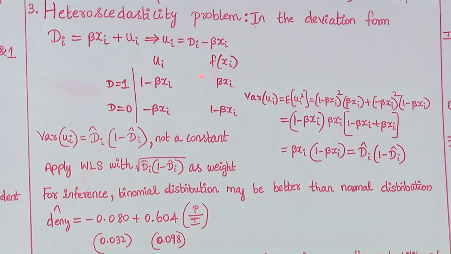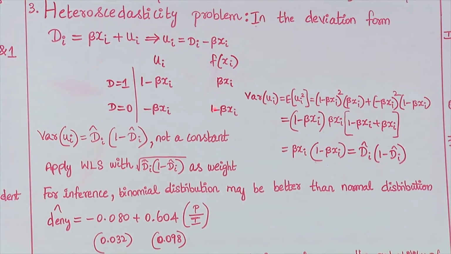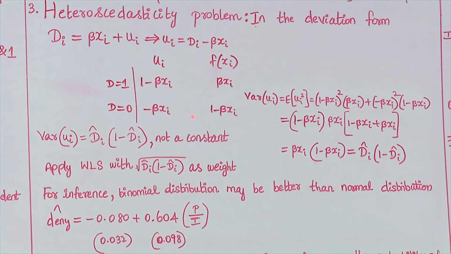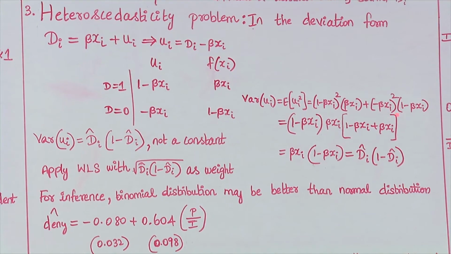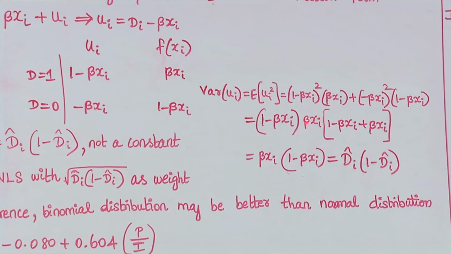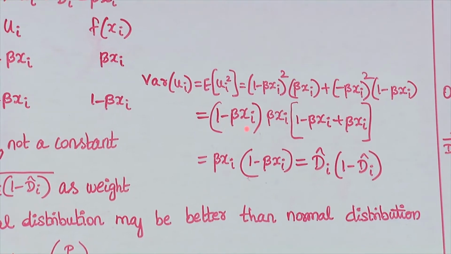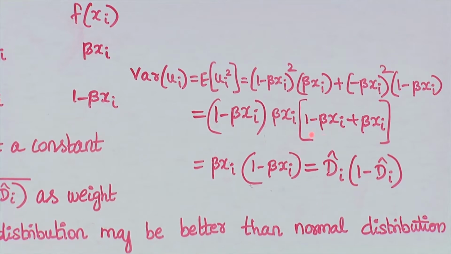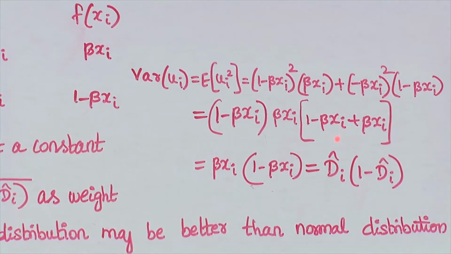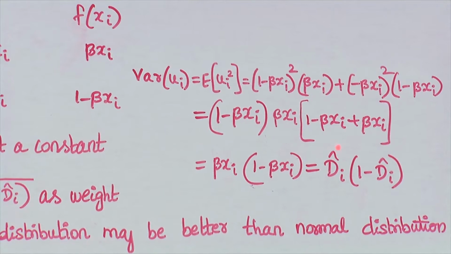Given these values, they follow the binomial distribution, and so we may calculate the variance of ui. Variance of ui is equal to the expectation of ui square, that is equal to (1 minus beta Xi) the whole square into beta Xi plus (minus beta Xi) the whole square into (1 minus beta Xi). Now we can take (1 minus beta Xi) into beta Xi outside; inside we will have 1 minus beta Xi plus beta Xi, both get cancelled, and we will be left with 1.